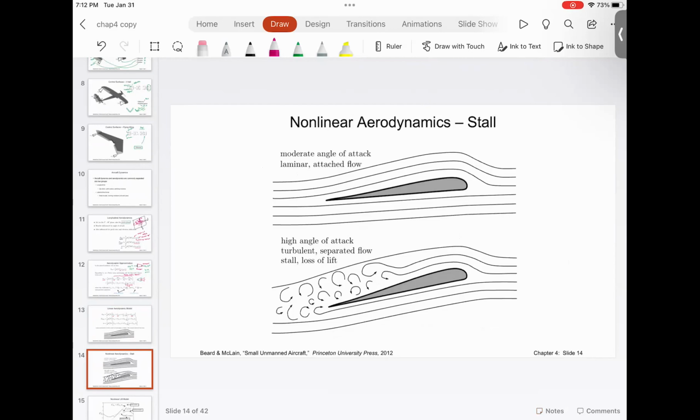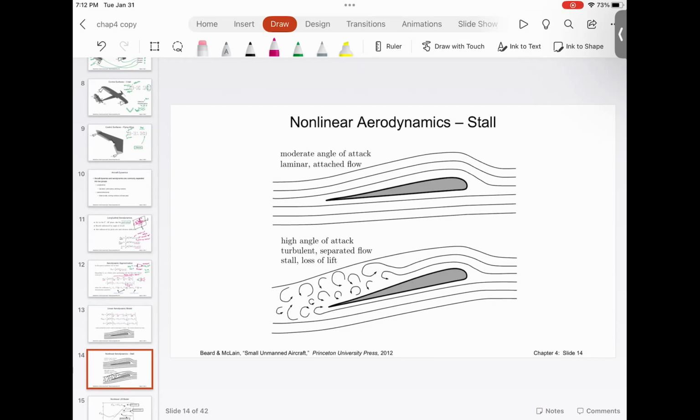Now, one thing I want to talk about is, why does an airfoil stall? The stalling of an airfoil is a very important concept. As long as the flow is laminar and attached to the airfoil, everything is good. But at a certain angle of attack alpha, the flow coming past the airfoil starts separating.